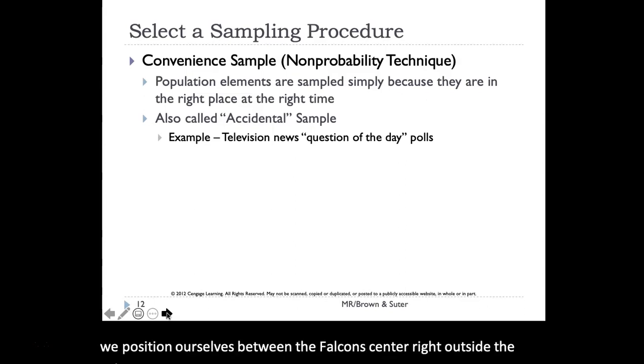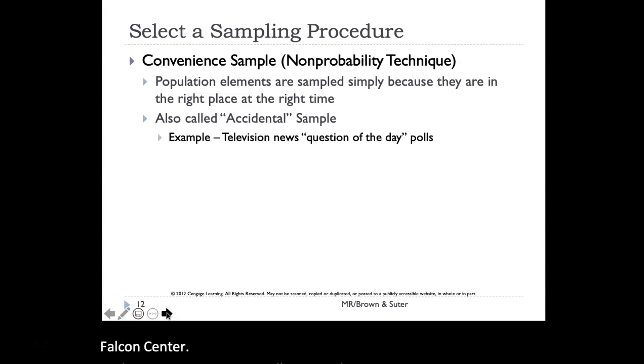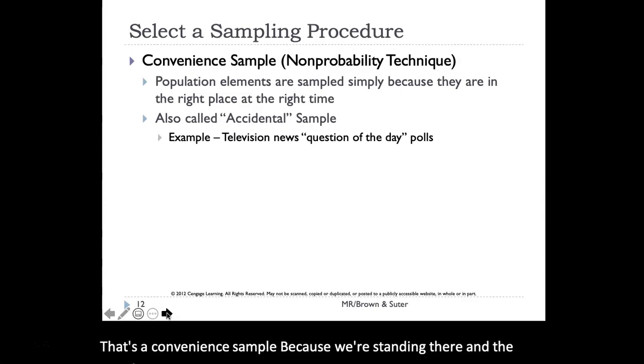And every time someone walks out of the Falcon Center door, we ask them the question. That's a convenience sample because we're standing there and the people are coming by to us. We can ask the question.